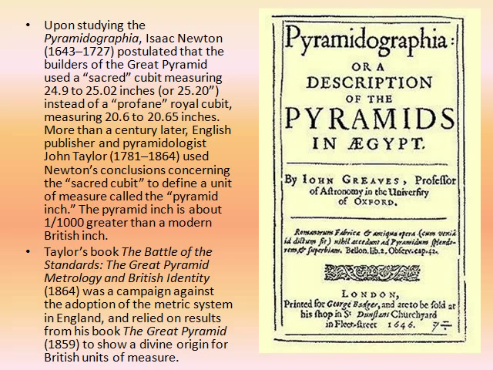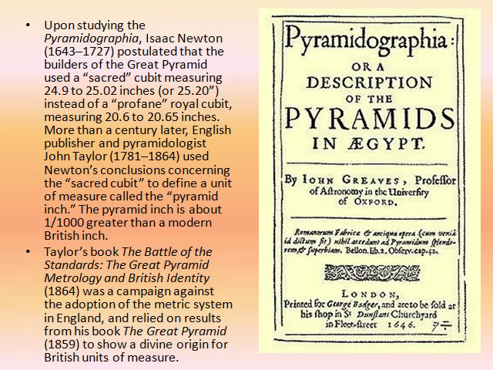20.65 inches. More than a century later, English publisher and pyramidologist John Taylor, 1781-1864, used Newton's conclusions concerning the sacred cubit to define a unit of measure called the pyramid inch. The pyramid inch is about a 1/1000th greater than a modern British inch.